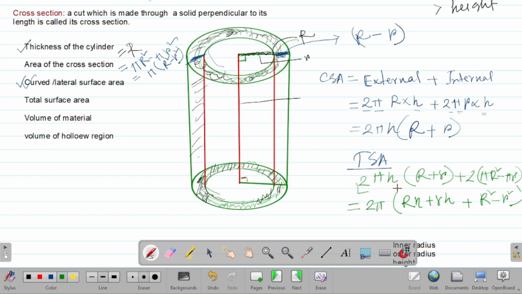Two and pi are common in the terms. That's how we get 2 pi as common, and this is the remaining.